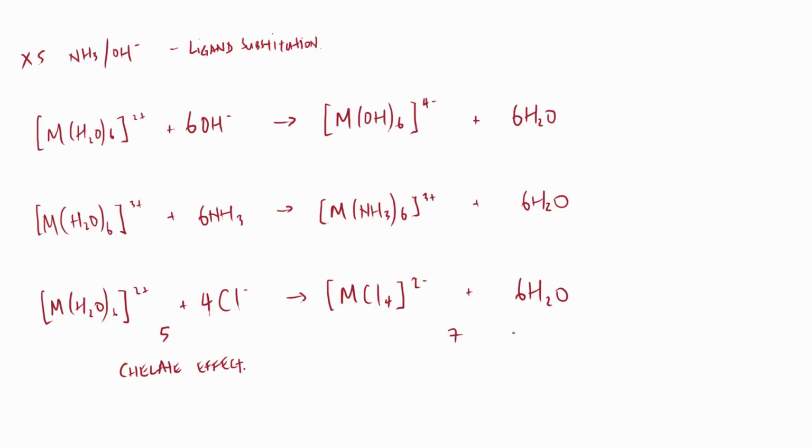Therefore, in reverse, it's much less likely to happen, because the enthalpy change in this assumption here is almost 0. Enthalpy change would be negligible, and therefore going from here back to here, we would probably find that it's very unlikely to happen because we're going from 7 to 5 molecules, which is a decrease in entropy. So it's an interesting application of feasibility and Gibbs and all the rest of it, particularly in relation to the fact that normally, and to make this really clear, the bonds broken and made are very similar.